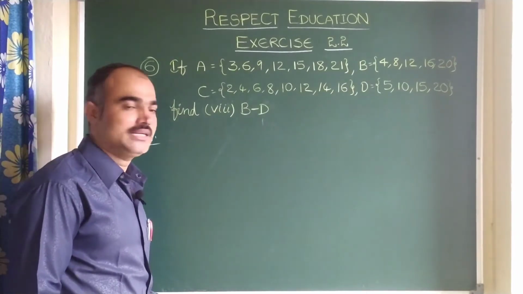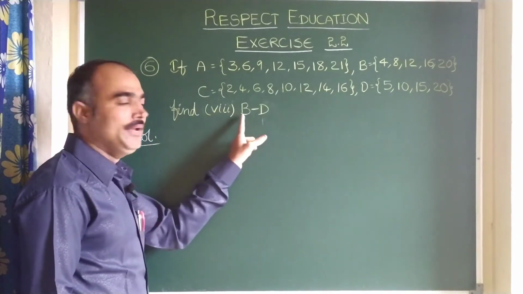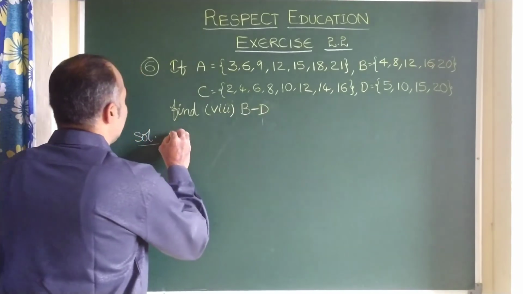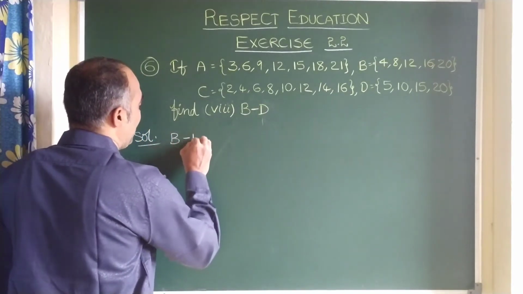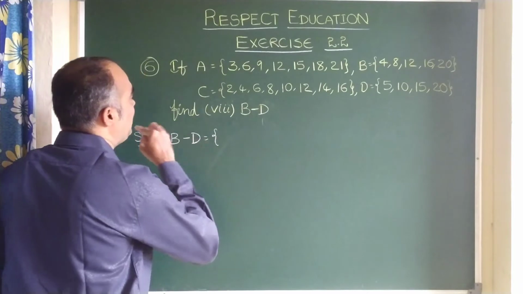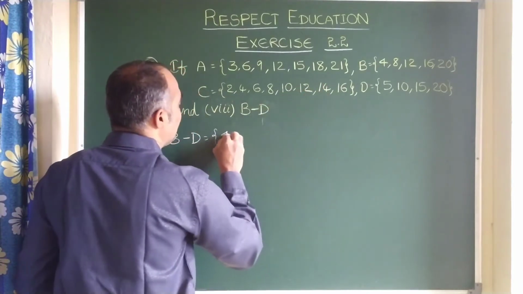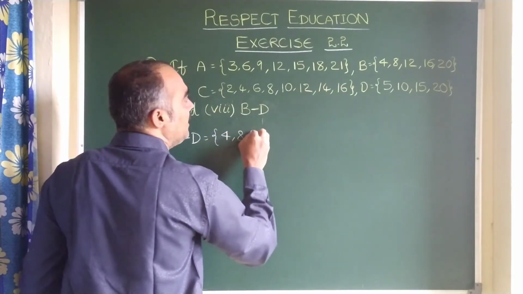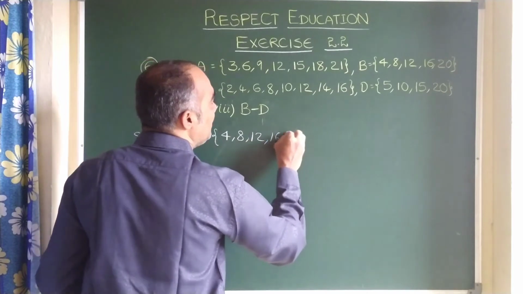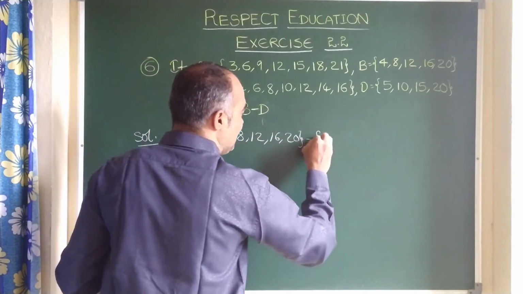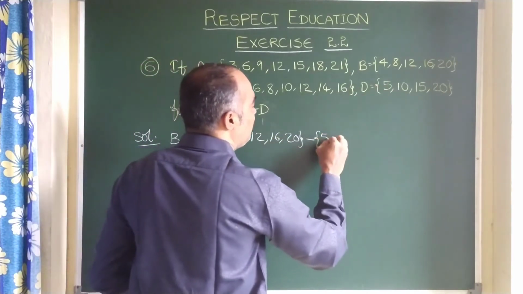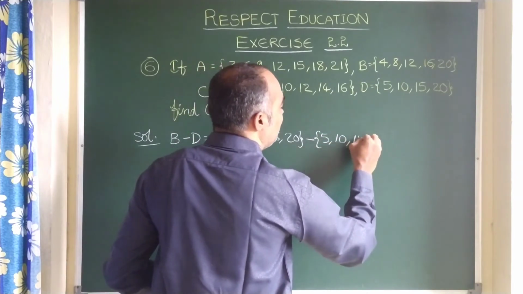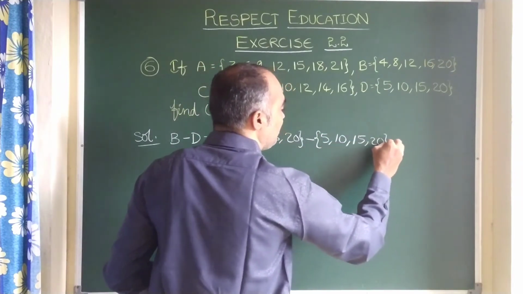Now let's see the next bit, that is the 8th bit, B minus D. Let us write set B first. That is 4, 8, 12, 16, 20 minus D. D is here 5, 10, 15, then 20.